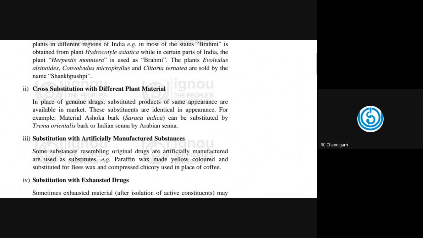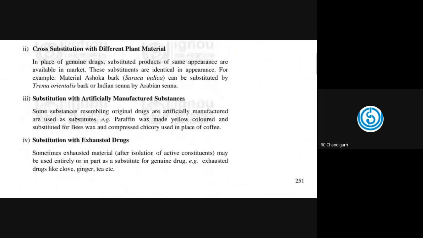Some substances resemble original drugs, are artificially manufactured and are used as substitutes. Then substitution with exhausted drugs. Sometimes exhausted material, that is after isolation of active constituents, may be used entirely or in part as substitute for genuine drug.